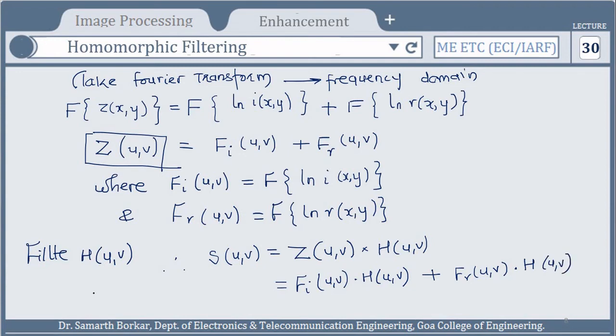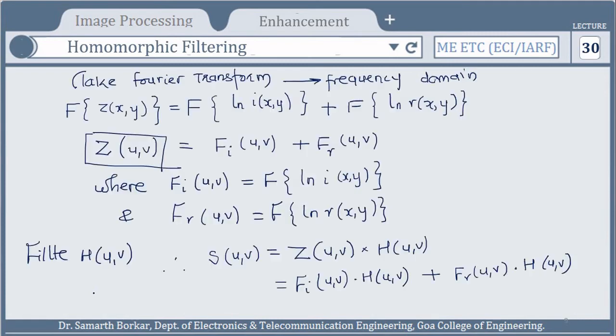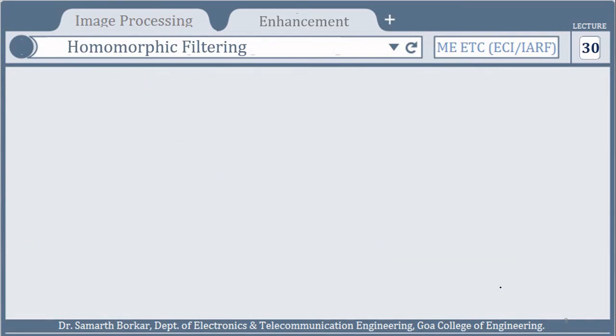Fine. Next, the key approach in homomorphic filtering is to separate the illumination and reflectance coefficients. So this is the illumination coefficient, here is the reflectance counterpart of it. The key approach as far as homomorphic filtering is concerned is to separate the illumination and the reflectance components. Between them, i of x comma y contributes to the low frequency.